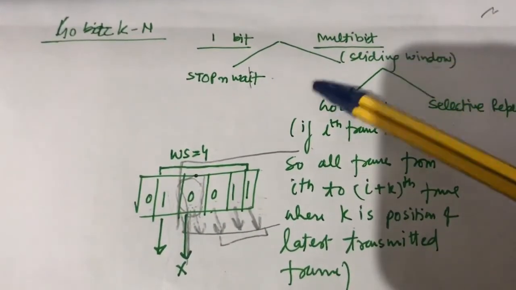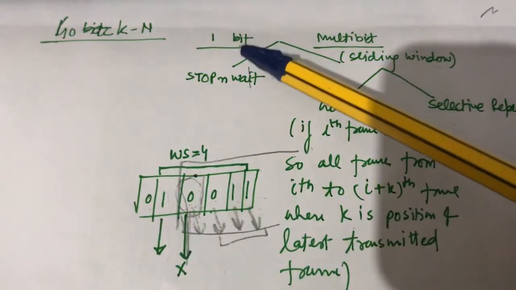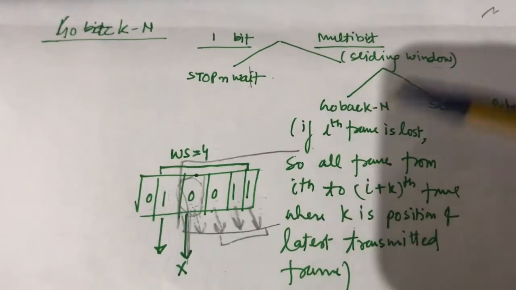If we see one bit transmission, that is the case of the stop and wait protocol.